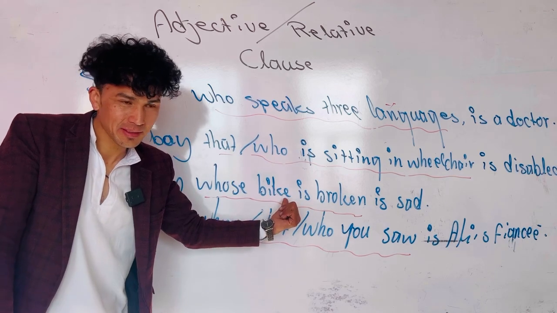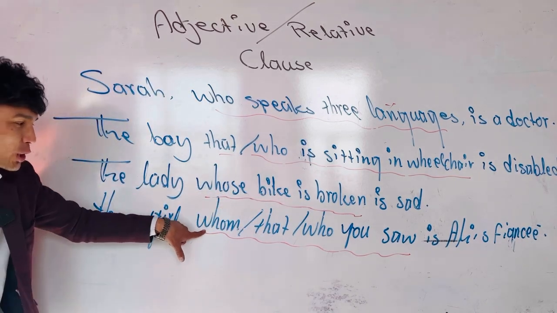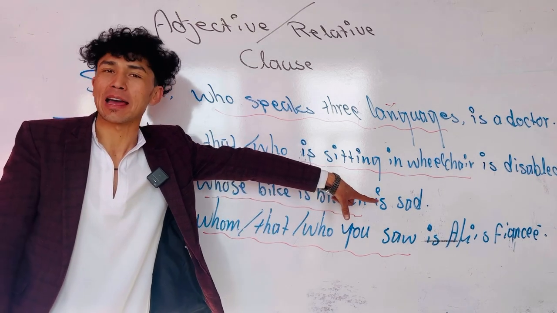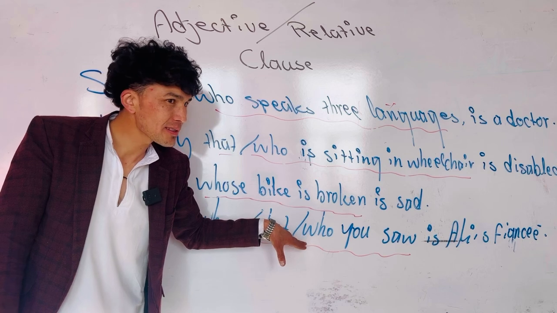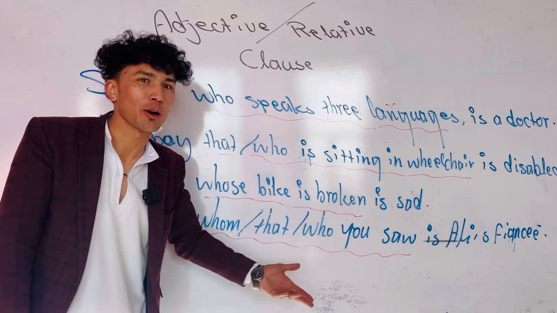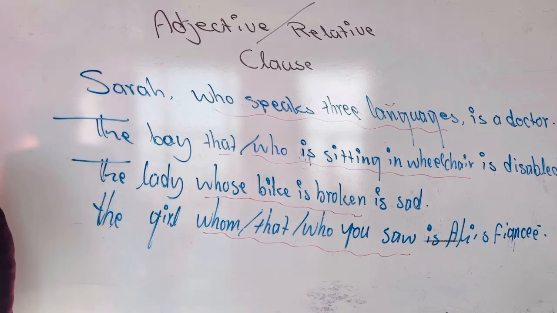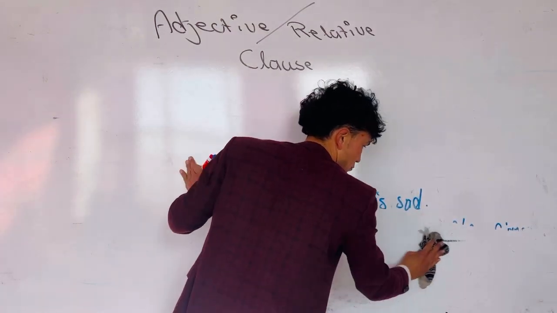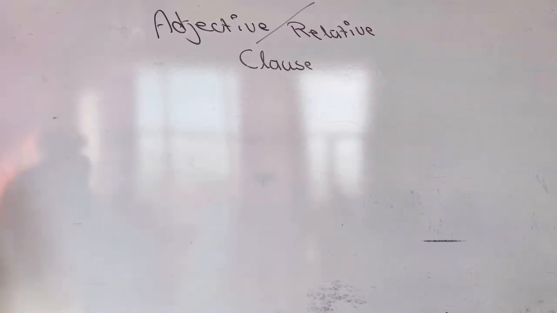You know possessive? Whose bike? The girl whom you saw is Ali's fiancé. Tell me the role or position. The role is as the object. Subject, possessive, and object. You understand? Should I clean it?